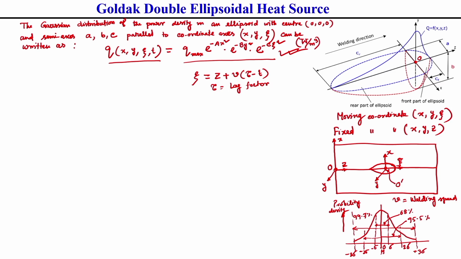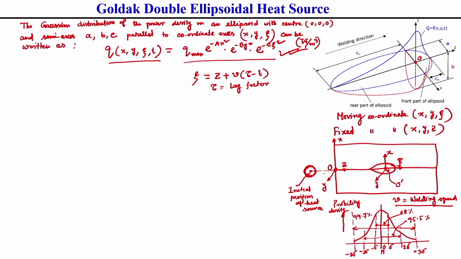Now, let us consider the initial position of the heat source is here, which is behind the fixed coordinate heat source. Let us consider the welding velocity is V. Generally, what is lag factor?